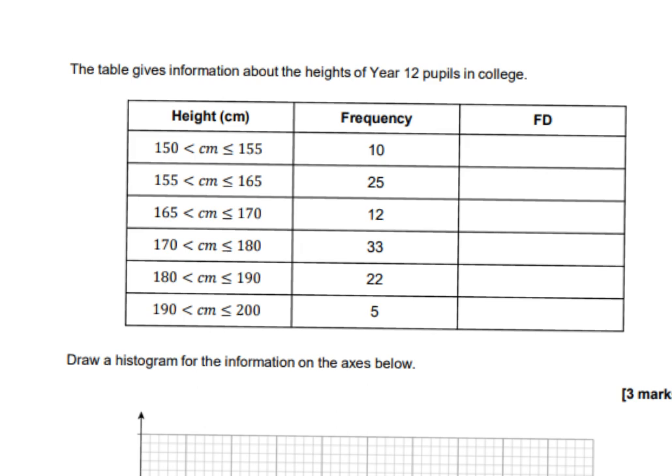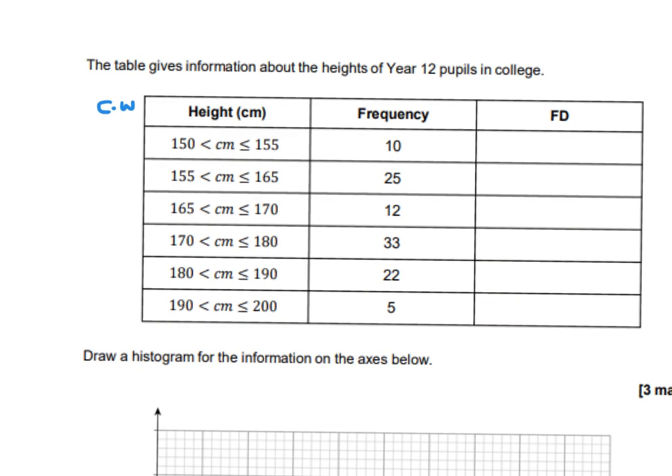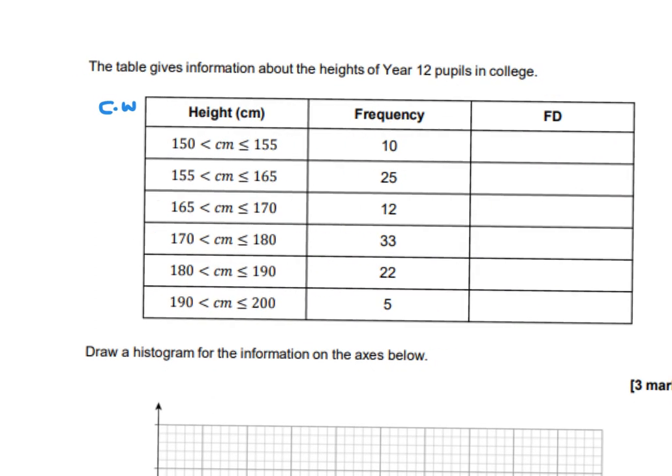Now, how to find the frequency density? You need to find the class width first, because frequency density equals frequency divided by class width. Class width is upper minus lower. 155 minus 150, so 5, and so on. Next, 10, 165 minus 155, 170 minus 165, so 5.